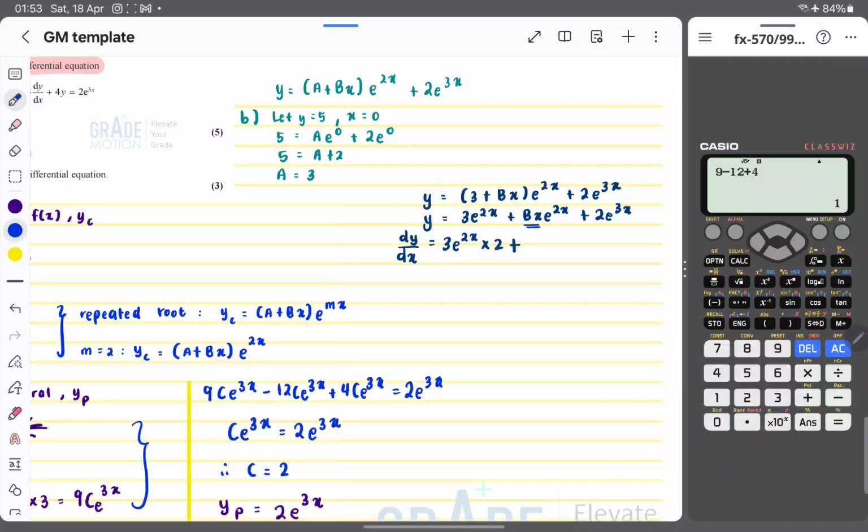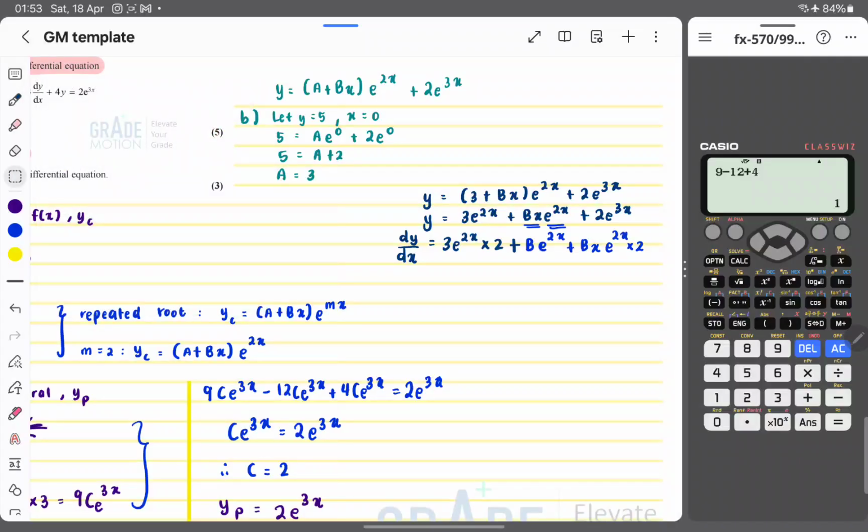We're going to differentiate the first one, bx, we're going to get b. And then just copy our second part, e^2x. Plus, we'll do the opposite. We'll copy the first part, bx. And then differentiate the second part. We will get e^2x multiplied by 2.